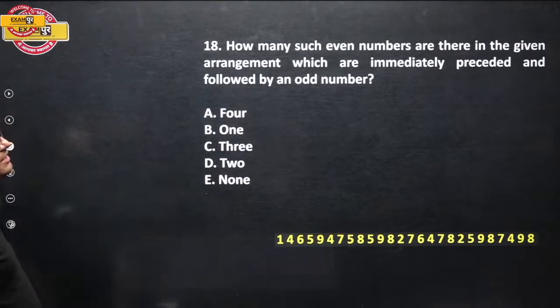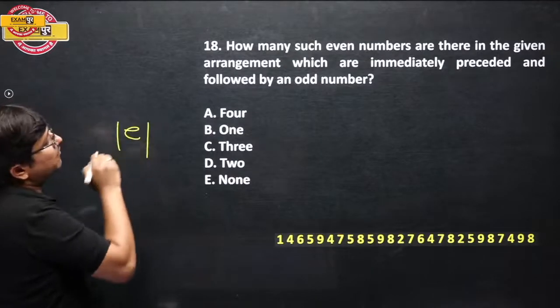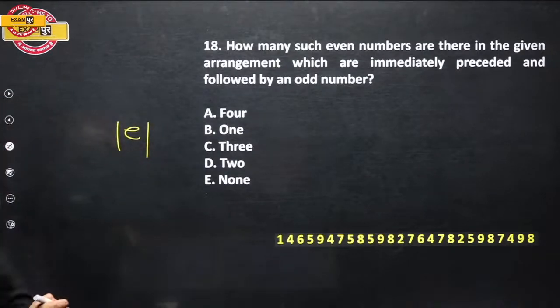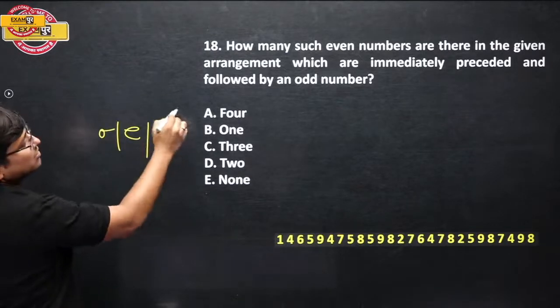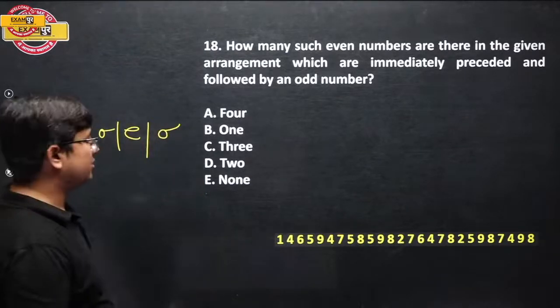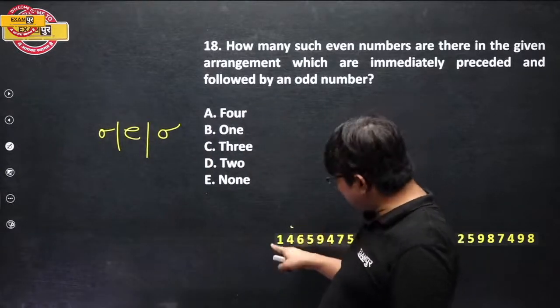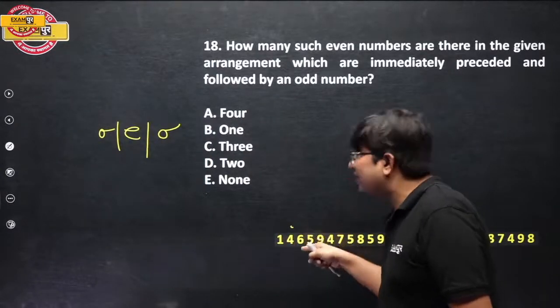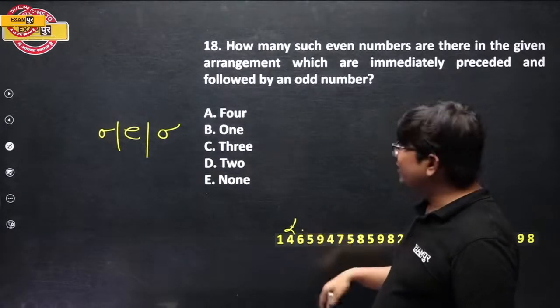Now, how many such even numbers are there in the given arrangement which are immediately preceded and followed by an odd number? This even number, is it preceded as well as followed by an odd number? No. This even number, is it preceded by an odd number?